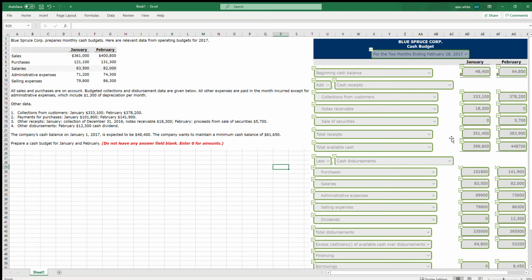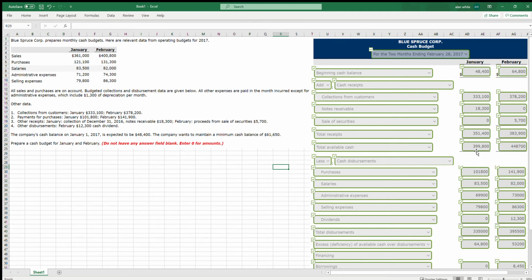We'll add that to our total receipts of $351,400, which gives us a total available cash balance of $399,800. And again, you'll be able to do this for January, but at this point in time, you won't be able to figure out the total available cash for February because we won't yet have the beginning balance for February. So we'll have to wait a little bit to get that.